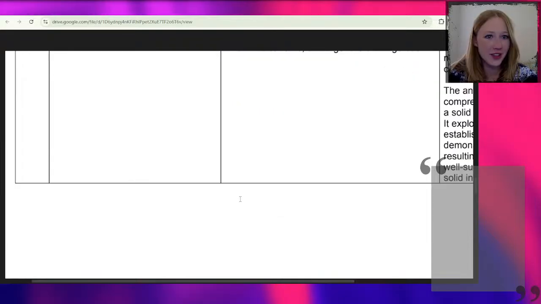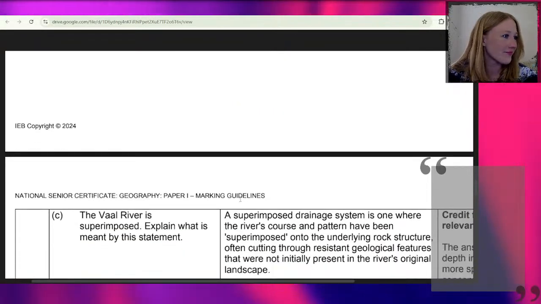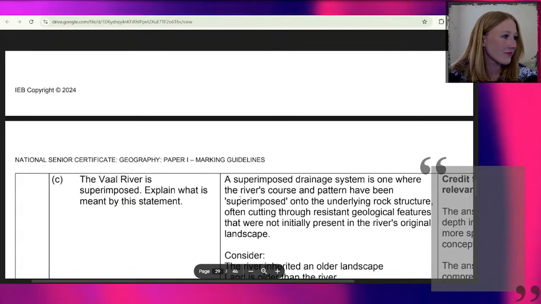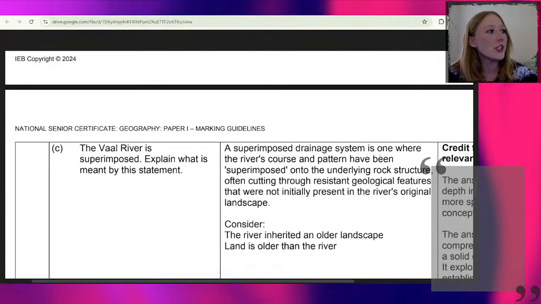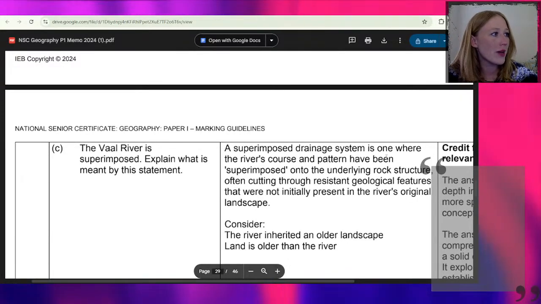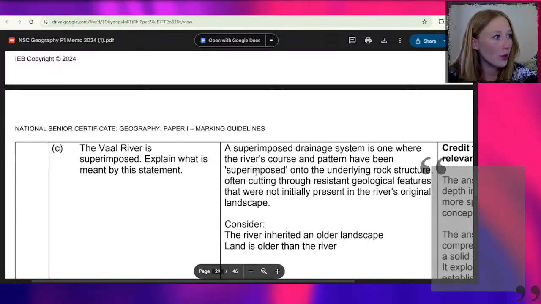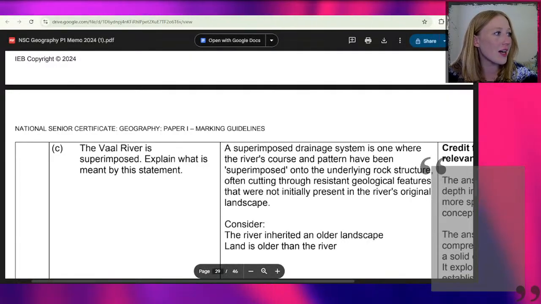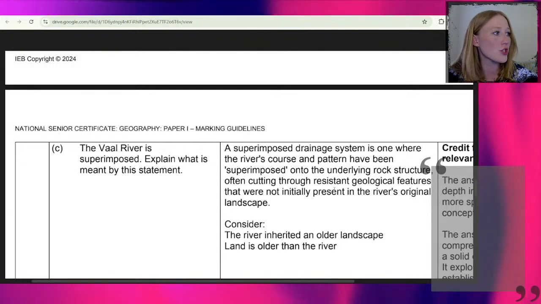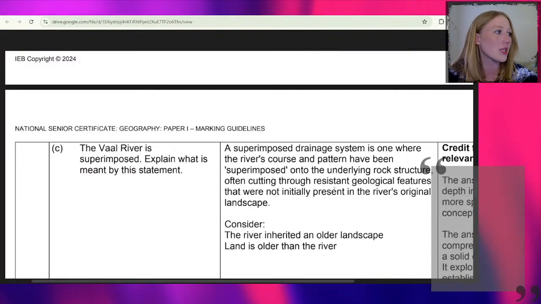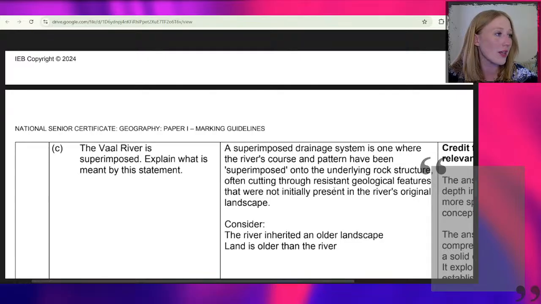So let's take a look at their answer. Superimposed drainage system is one where the river's course and patterns have been superimposed onto the underlying rock structure, often cutting through resistant geological features that are not initially present in the river's original landscape.